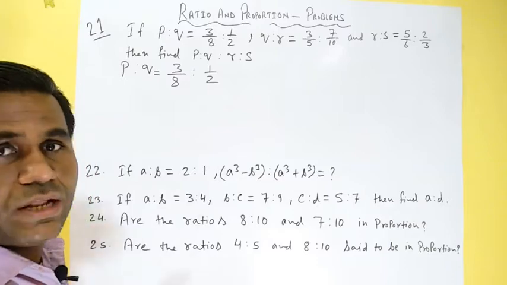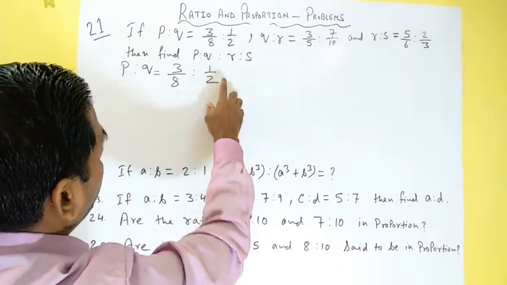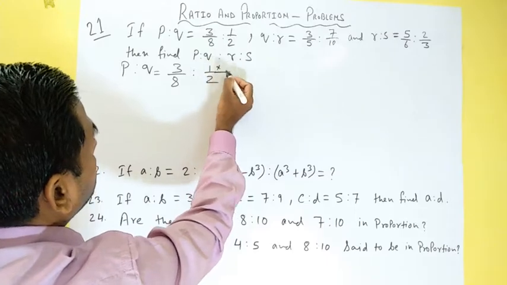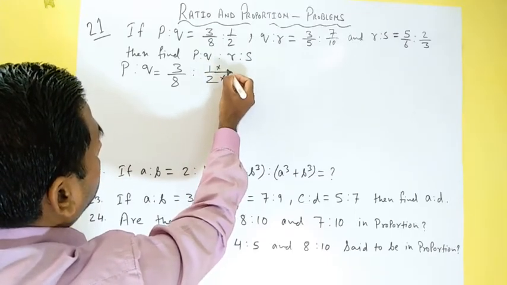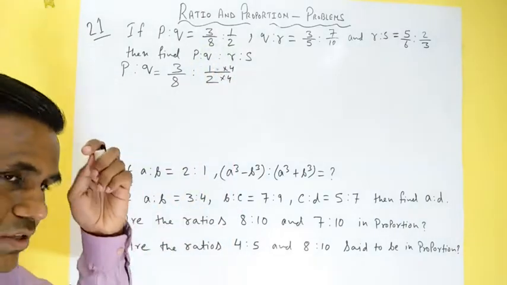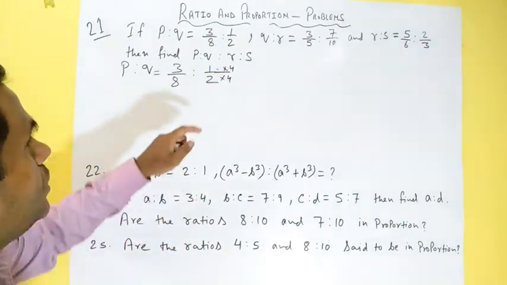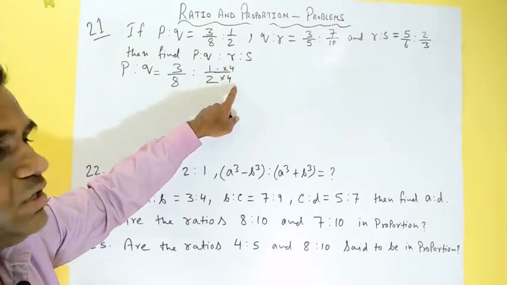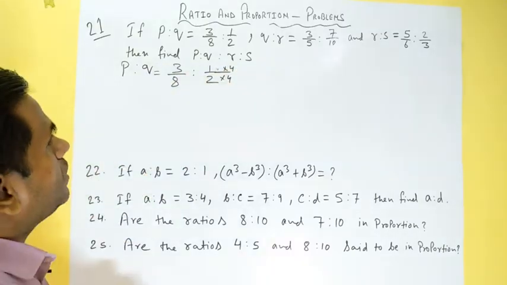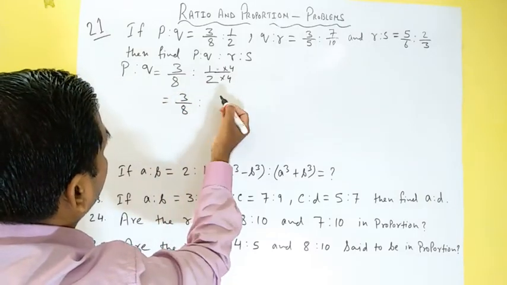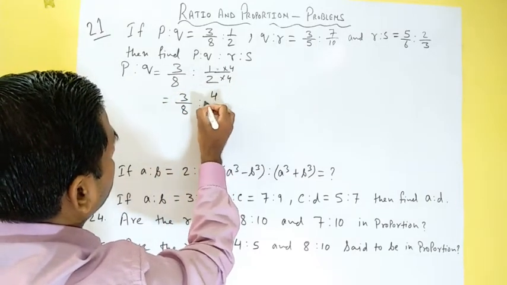What I'm going to do here is, you know the fraction property already. If I multiply the numerator and denominator by the same number, the fraction does not change, isn't it? So here I am multiplying 4 in the numerator also, 4 in the denominator also. So this will become the new ratio. New ratio means equivalent ratio, same ratio.